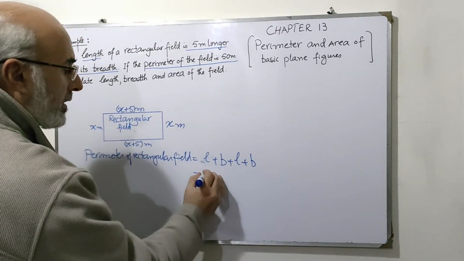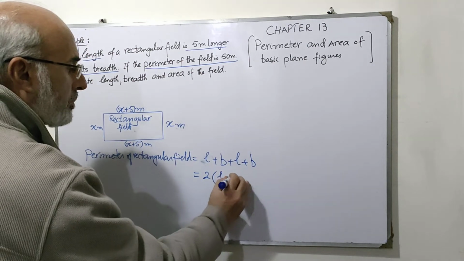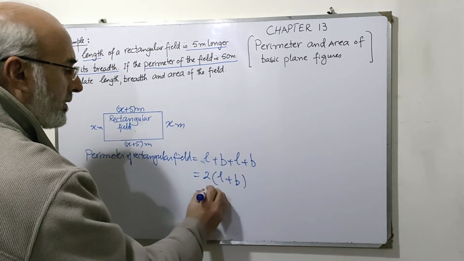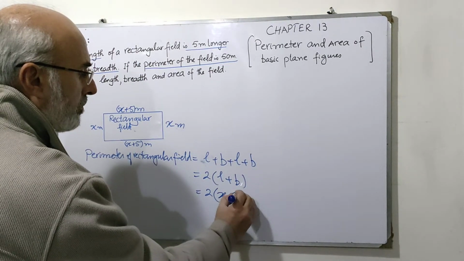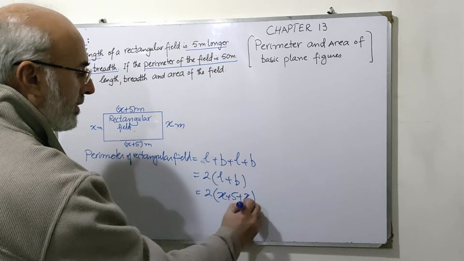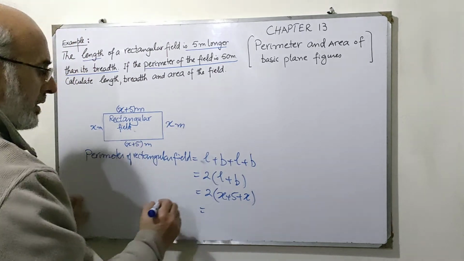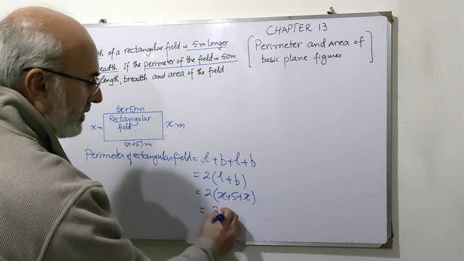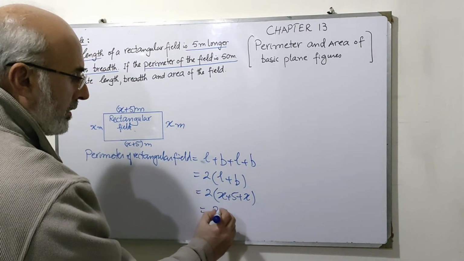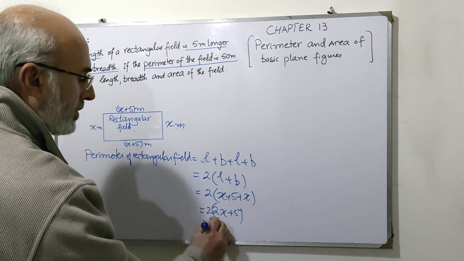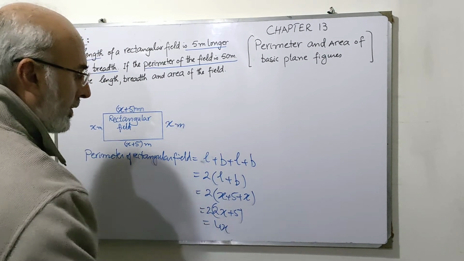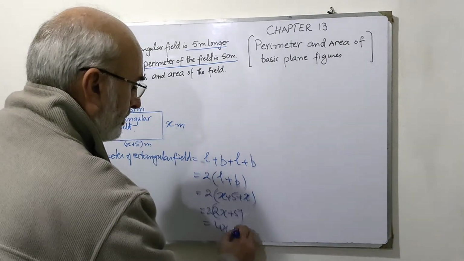So we can say it is 2 into (L plus B), and in our case it is 2 into (x plus 5 plus x), which is 2x plus 5, into 2, which is 4x plus 10.